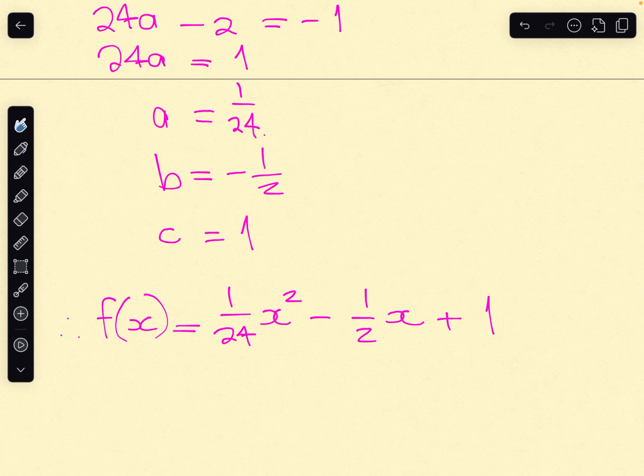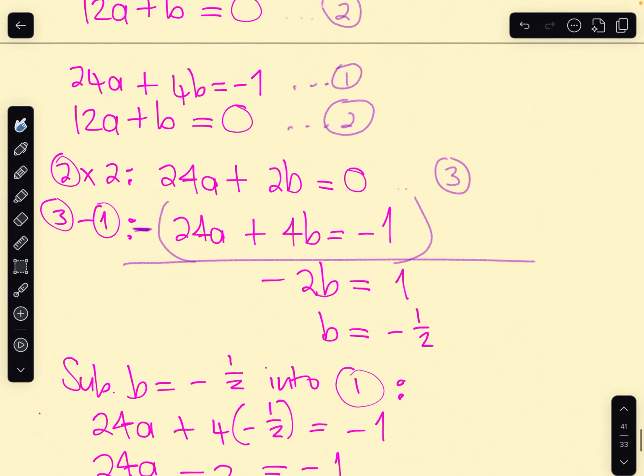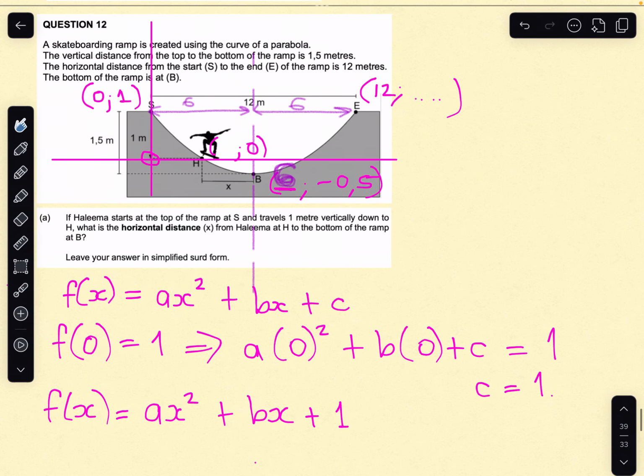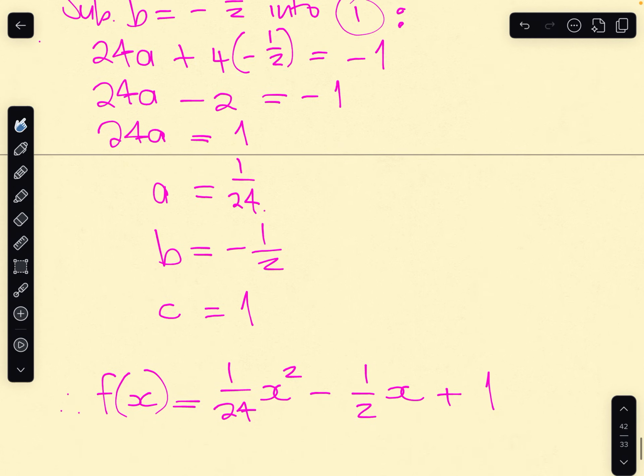So let's just sanity check a couple of things. If I do put in x equal to 6, I'm expecting to get out y equal to negative a half. So let's see if that's what we get.